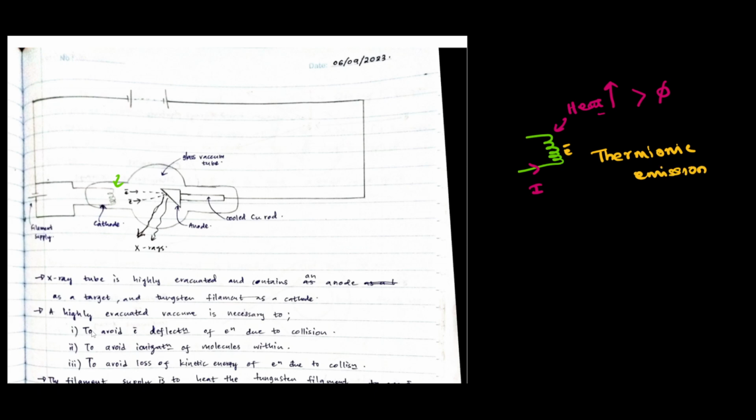And when this electron is ejected due to thermionic emission, we have another supply. Due to this supply, this side becomes positive and this side is negative.